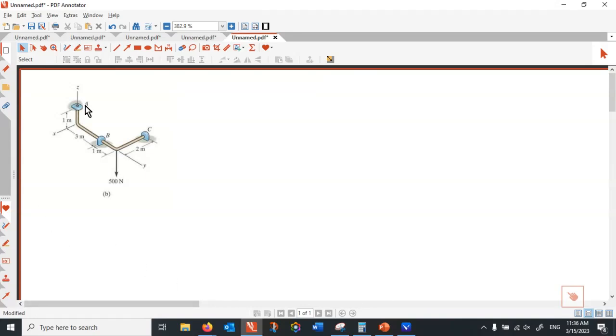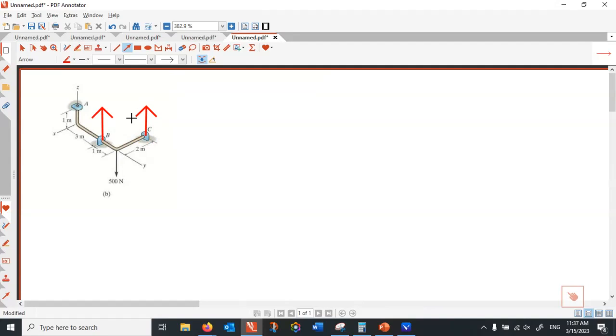A cannot take any z force, right? What about B? B can resist against the vertical, so let me include a vertical force here. What about C? Yes, C can resist a vertical force.